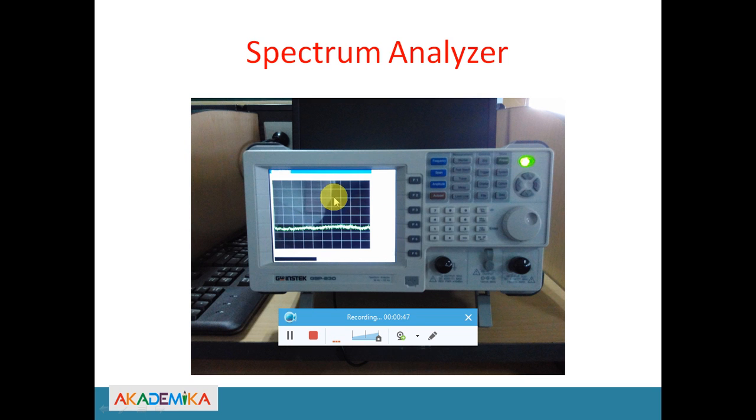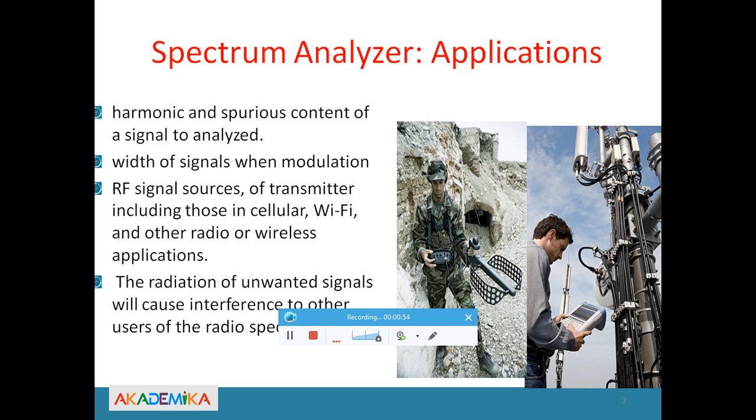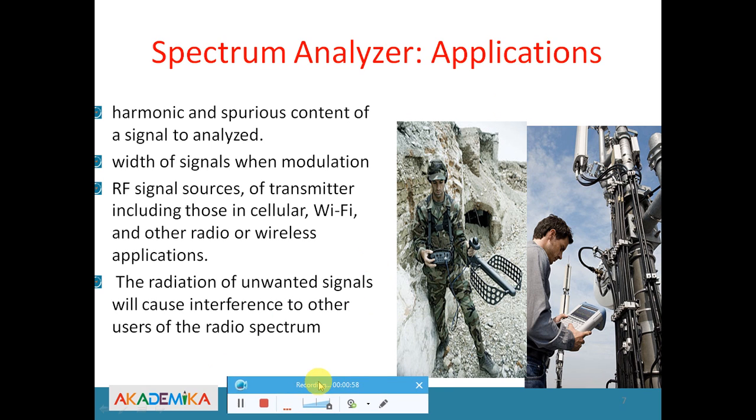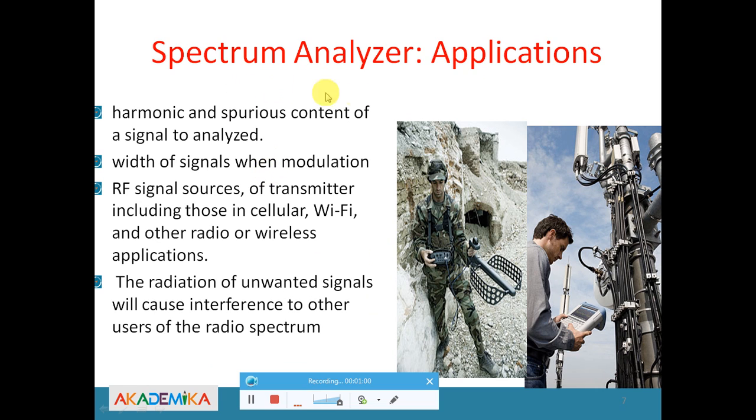But before entering into the spectrum analyzer, we are now discussing the basics of the spectrum analyzer. Generally, these days, in so many cases the spectrum analyzer is applicable. In this first poster, a soldier has a log periodic antenna, and one end is connected to the detector of the spectrum analyzer.